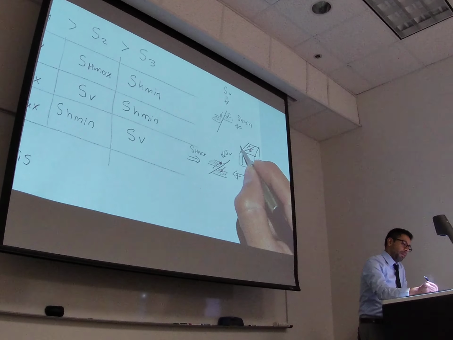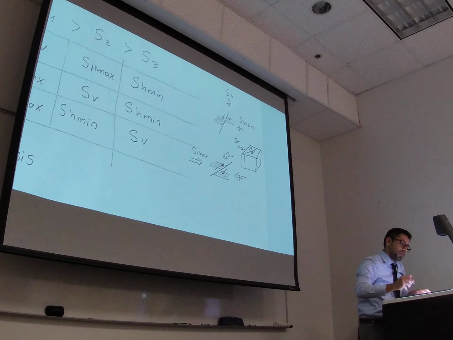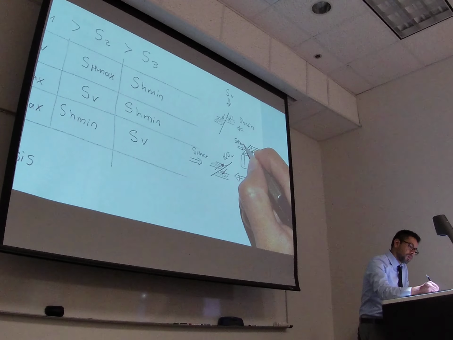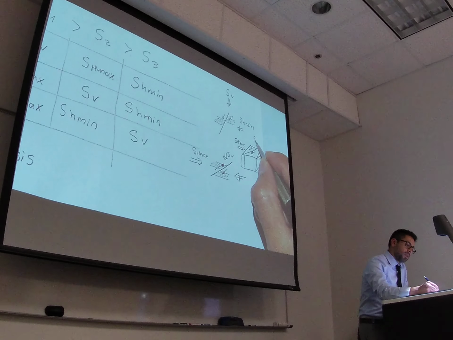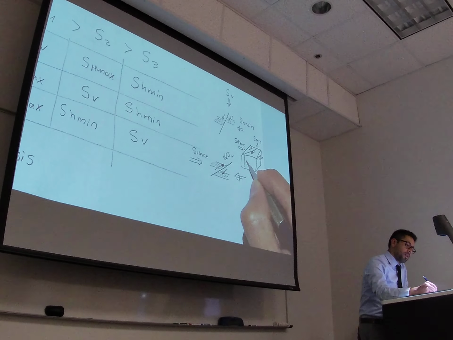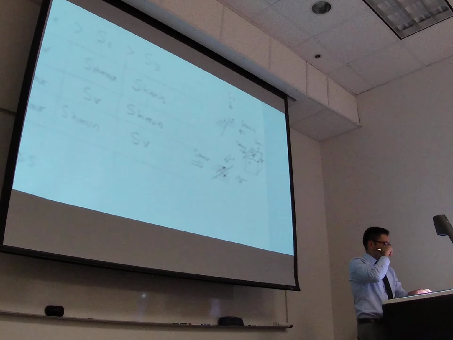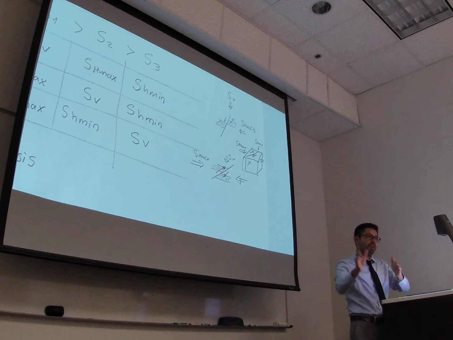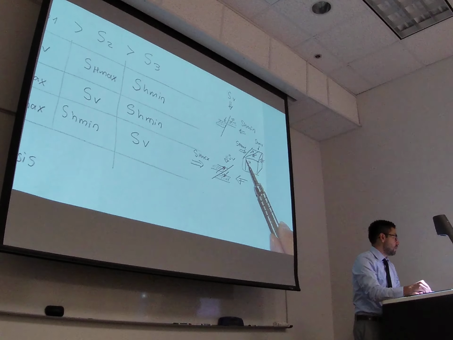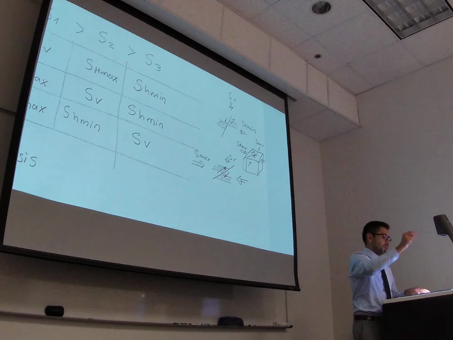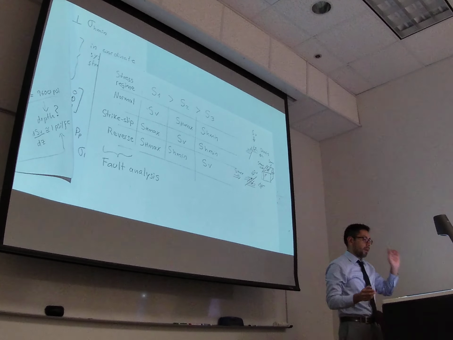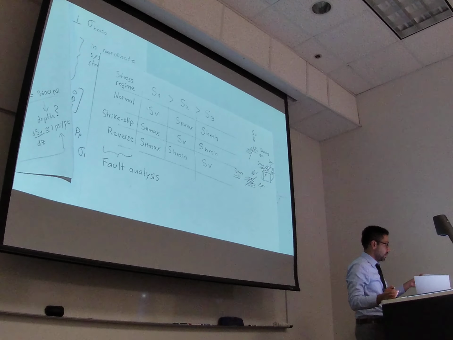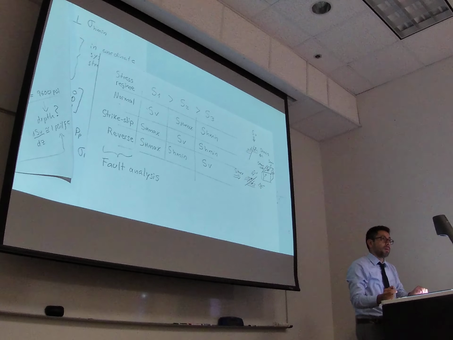And in this case, I'm assuming that SH max is coming in this direction, and SH min is in this direction. And because the fault just moves along the strike of the fault, which is this line, that's why it's called strike slip. Okay, this is going to be super important.